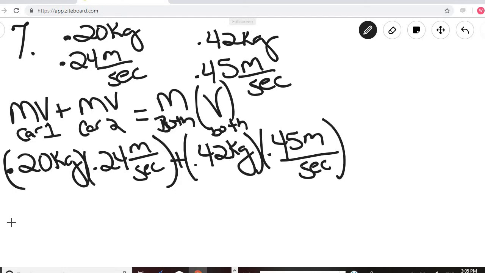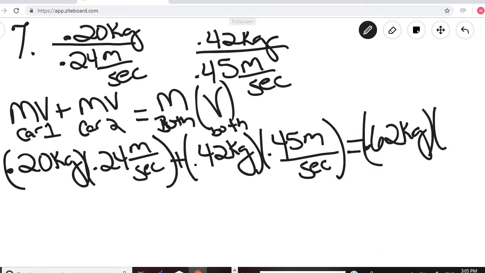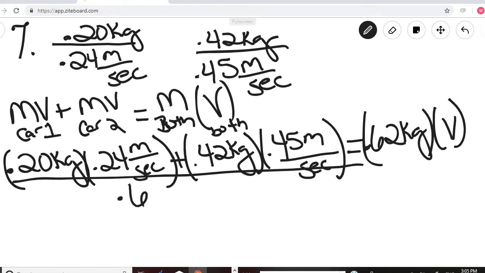Okay, so that's the before condition, and then the combined mass would be the 0.2 plus the 0.42. So the combined mass would be 0.62 kilograms times their velocity. Okay, so I'm just going to solve for V by dividing both sides by 0.62 kilograms.